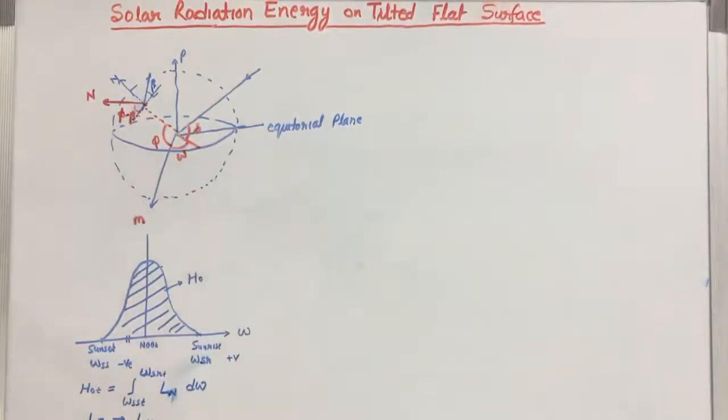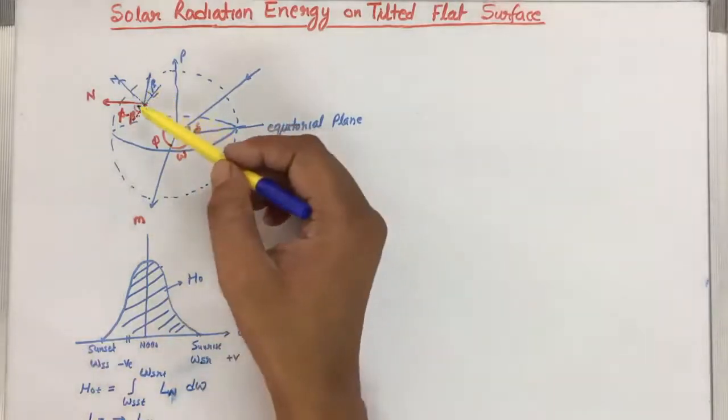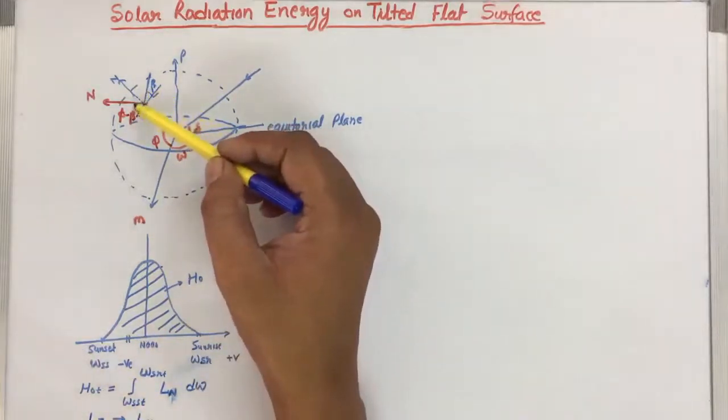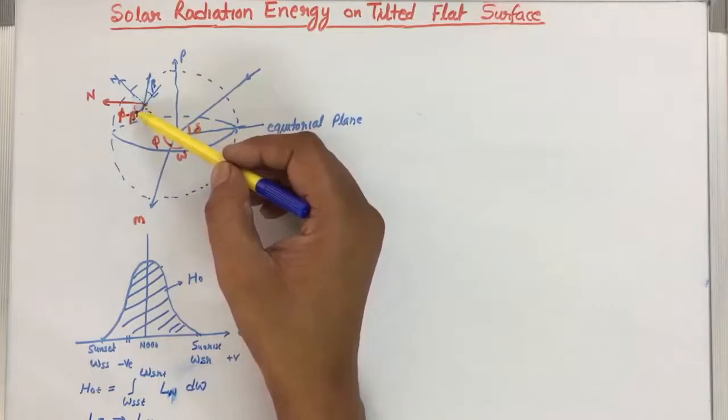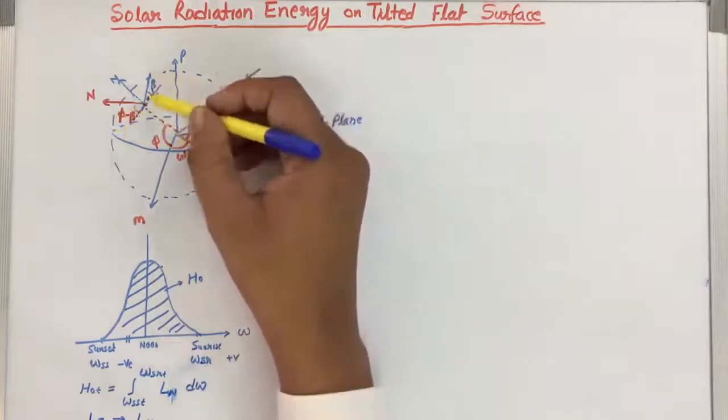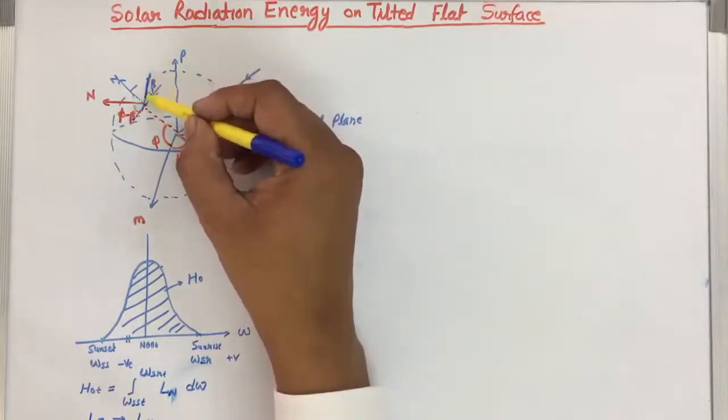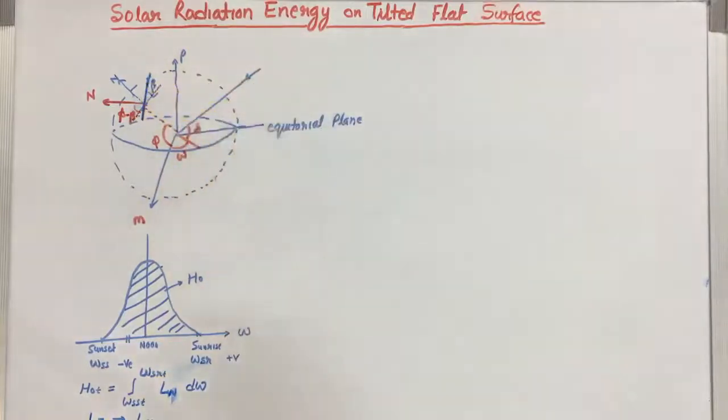Here we are finding two things. The first is, now LZ is just written as Ln, and the phi is changed to phi minus beta. The surface is tilted with angle beta now.